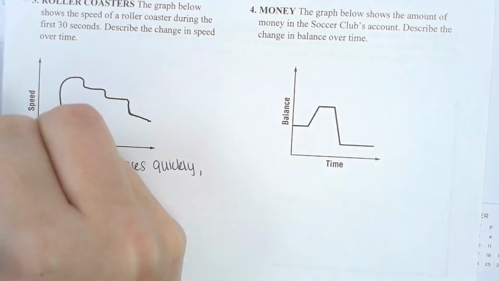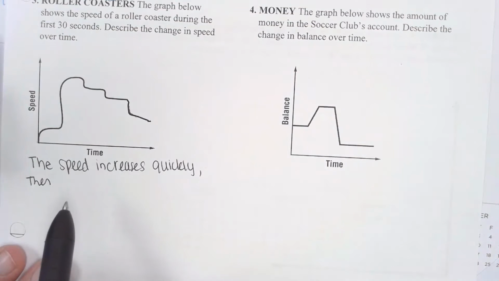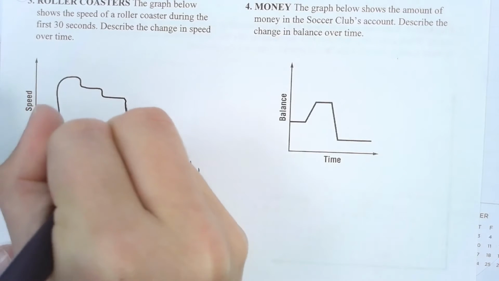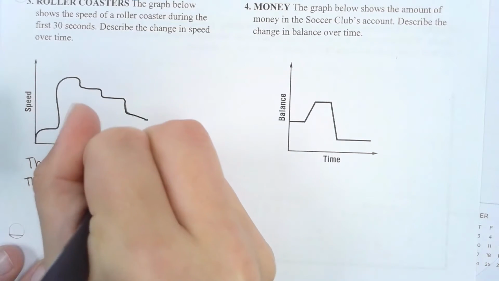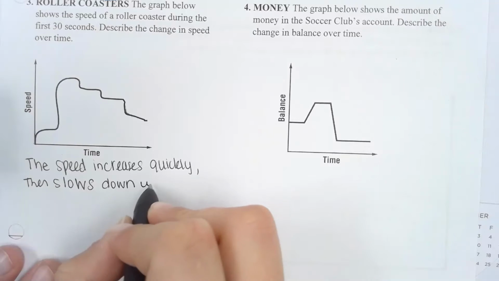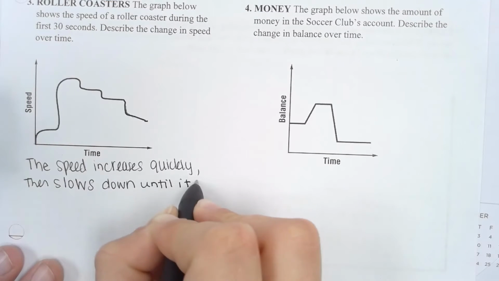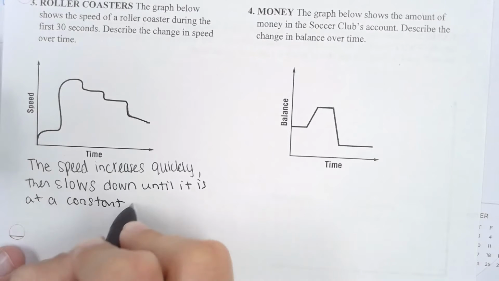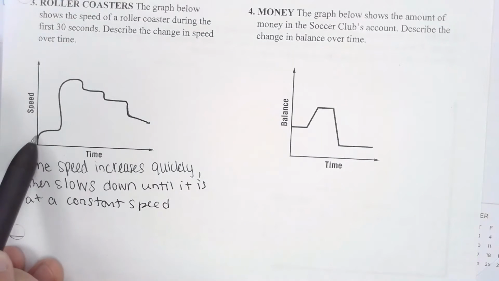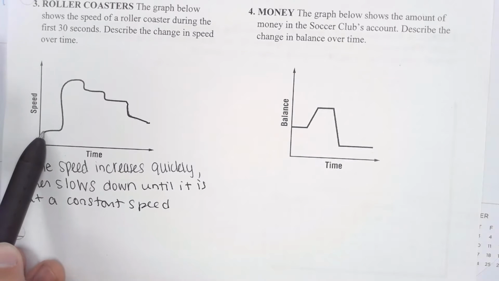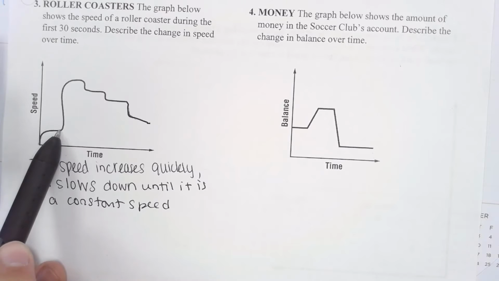Then it slows down until it is at a constant speed. So that was talking about this part right here. So as you can see, it increases quickly, and then it slows down, and then it becomes a constant speed. And then now we're going to talk about what this is doing.